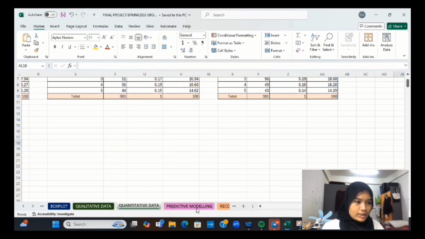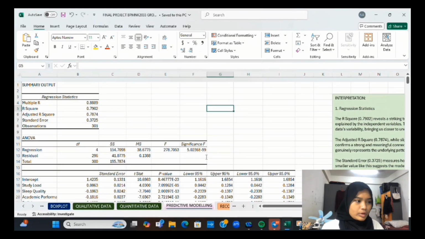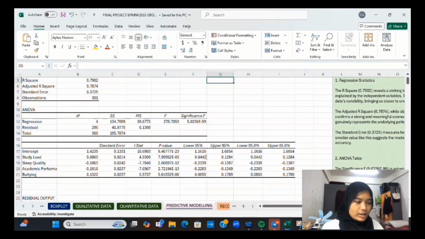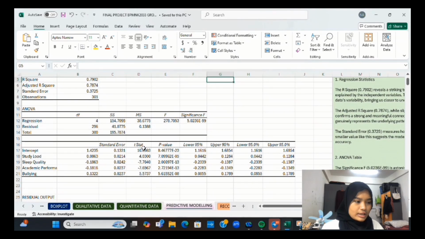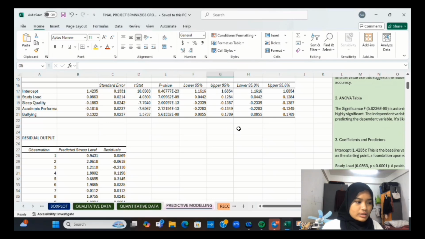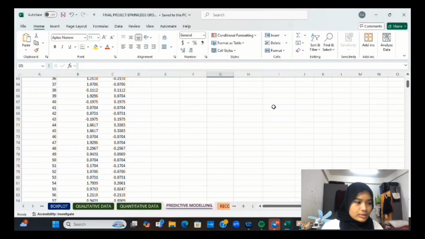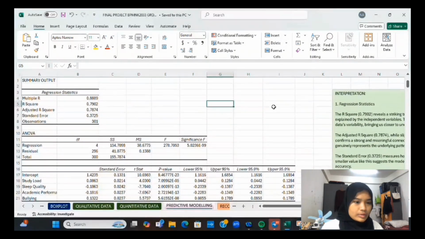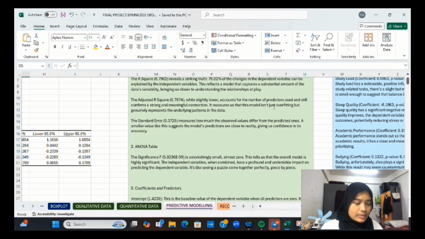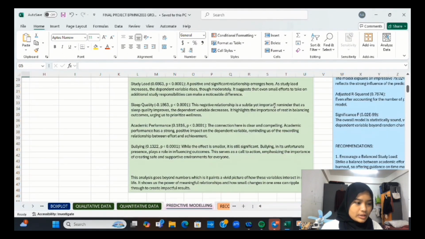Next, predictive modeling. Here we have the summary output of regression statistics, ANOVA, and other data such as standard error, t-stat, and p-value. Also, we have the residual output of predicted stress level and the interpretation of the regression statistics, ANOVA table, and coefficients and predictors.